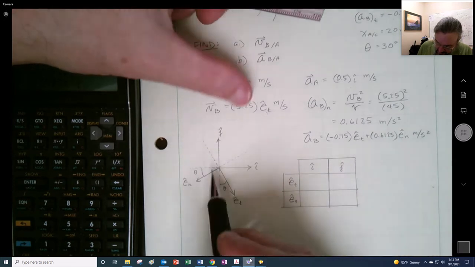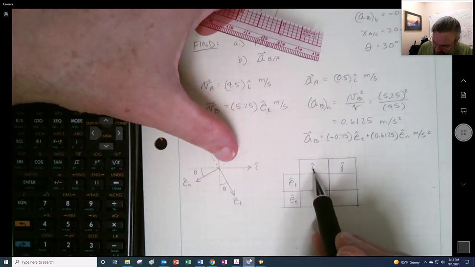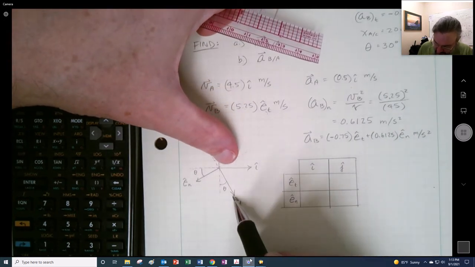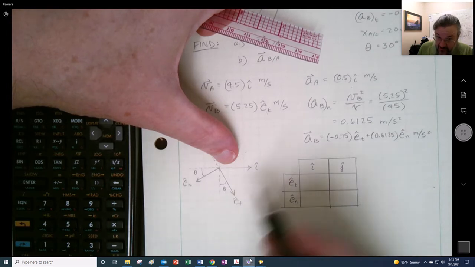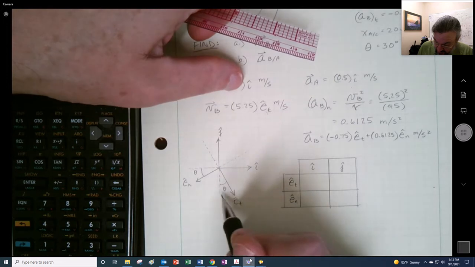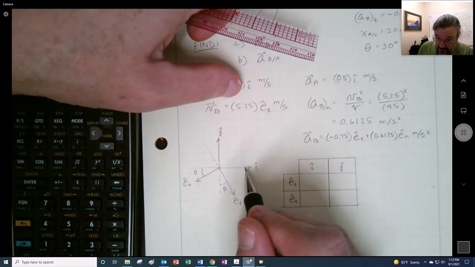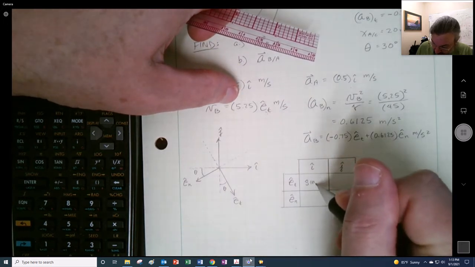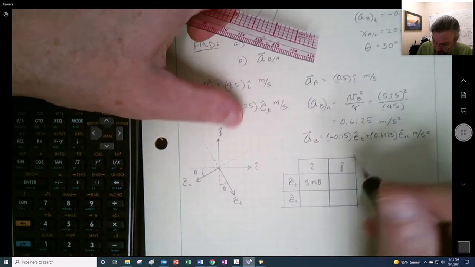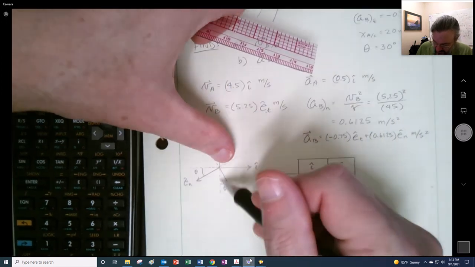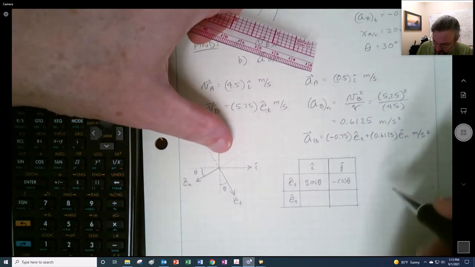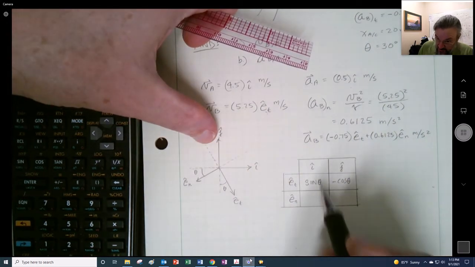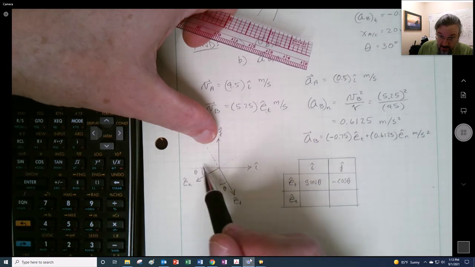All right, so let's take a look and see what ET is with respect to I. Well, it's going to be positive, and it's going to be the sine of theta, because that's the opposite. So sine of theta. Let's see how much in the J. Oh, it's going to be the negative. So it's going to be negative cosine of theta. Take a look at the EN now with respect to I. EN is in the negative I direction, and it's going to be the cosine.